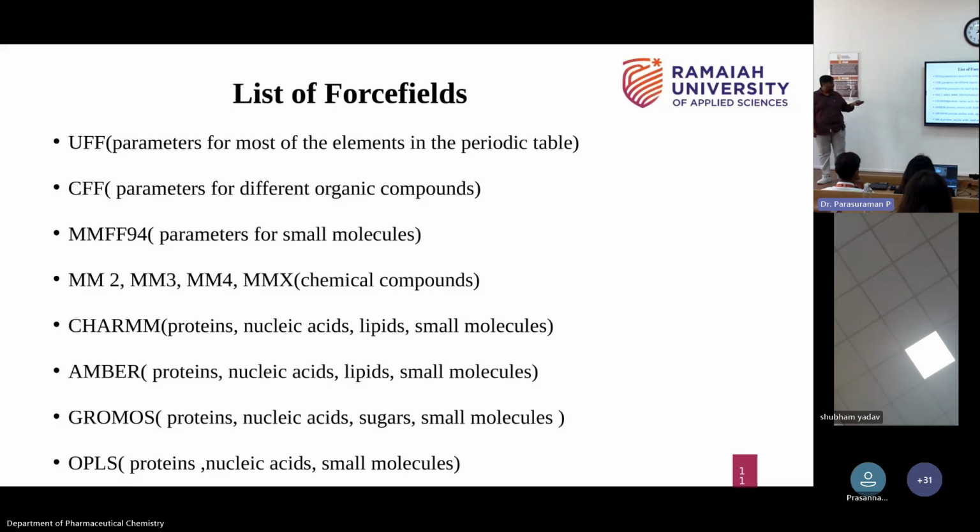AMBER and CHARMM have maximum elemental coverage, and year by year they update for different elements. So considering this, you should select the force field which has maximum coverage. Both are developed by Schrodinger, which is a commercial force field that needs a commercial license to utilize.